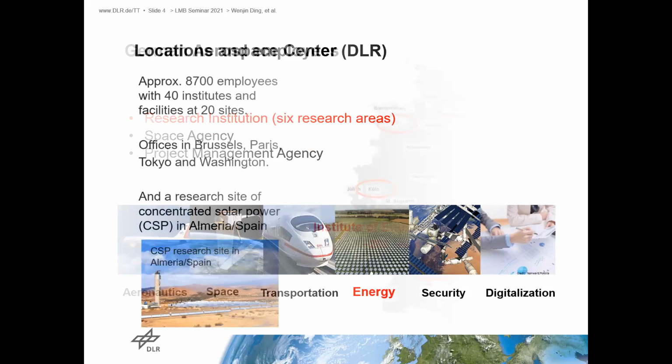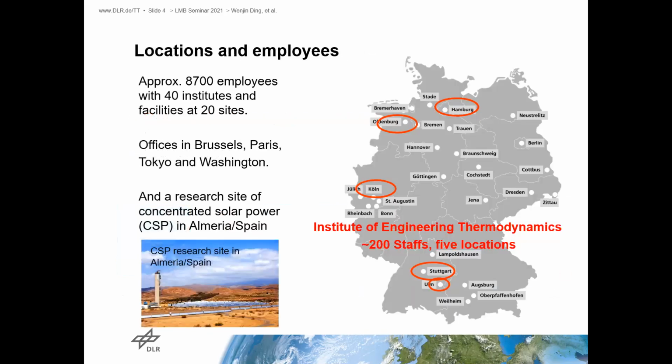DLR has about 9,000 employees, with 40 institutes and facilities at 20 sites in Germany, and we also have some international offices in other countries. In Spain, we have a research site for concentrated solar power technologies.